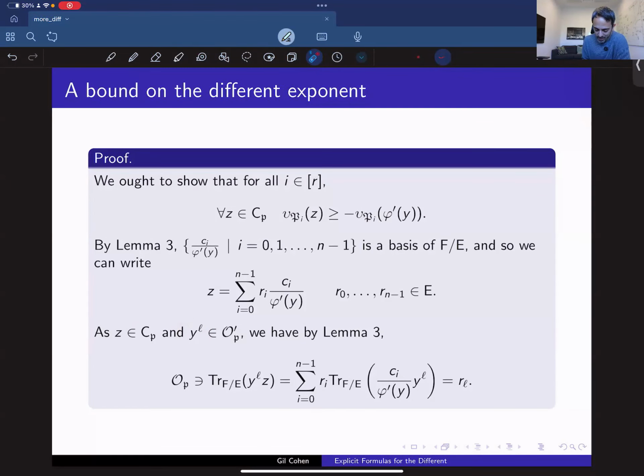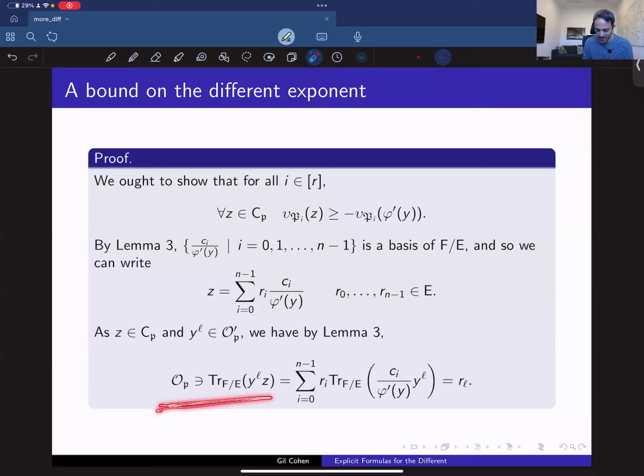So if you look at this trace, Y^L coming from OP, and Z coming from CP, the complementary module has this property, that's the definition, that when you trace an element from the complementary module with an element from OP prime, you'll get something in OP.